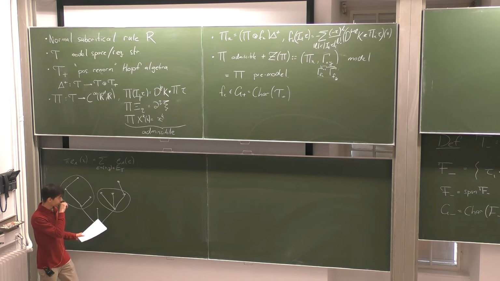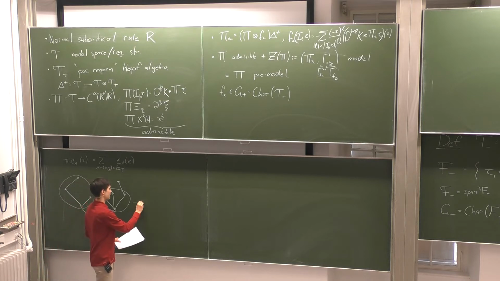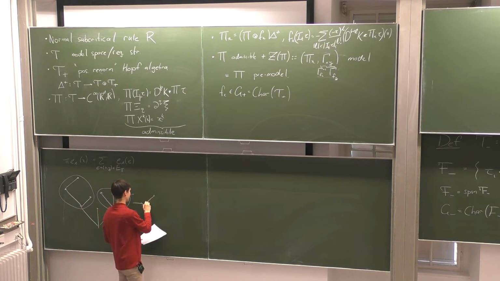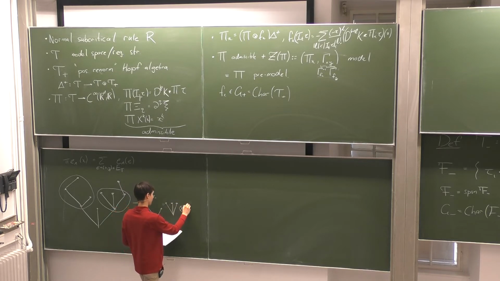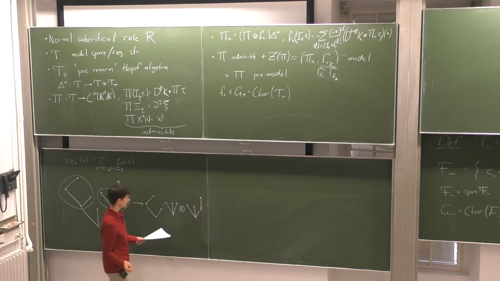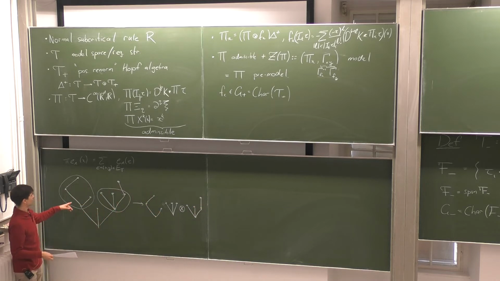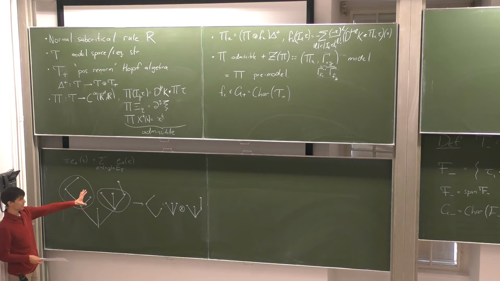Then what happens is the corresponding term in the sum becomes this, dotted with, tensor, this tree. So this is what happens combinatorially.